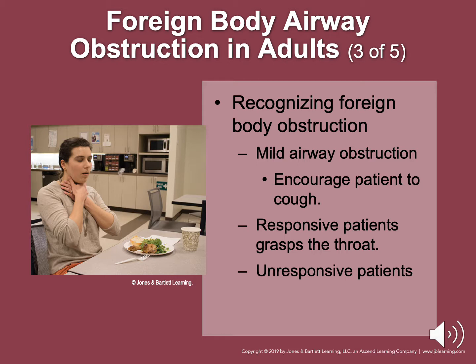The person is unable to speak or cough, grasps the throat, turns cyanotic, and makes exaggerated efforts to breathe. Ask the patient, are you choking? Hands at the throat is the universal choking sign. You may hear high-pitched sounds called stridor, which indicates minimal air movement.